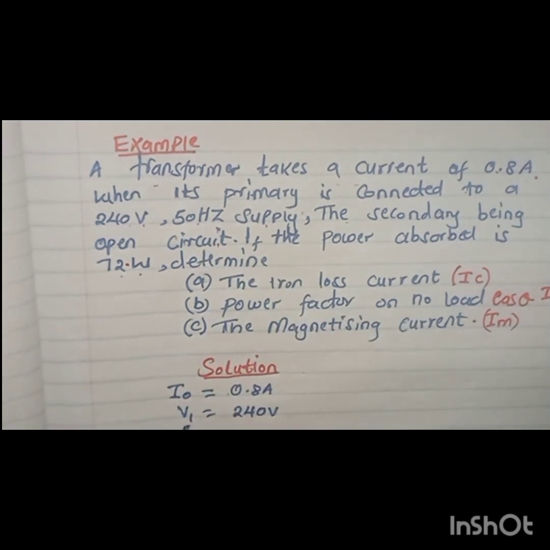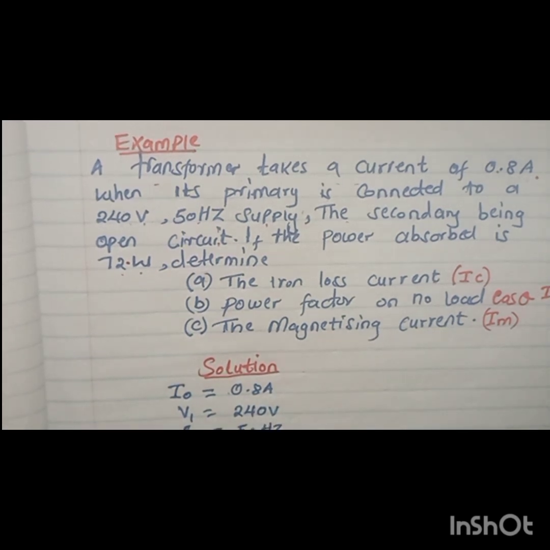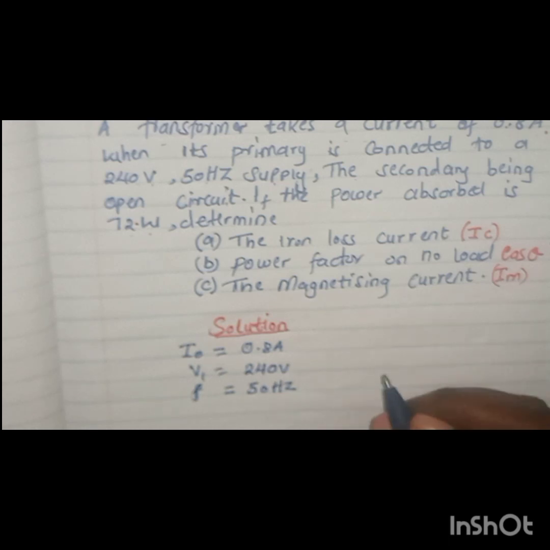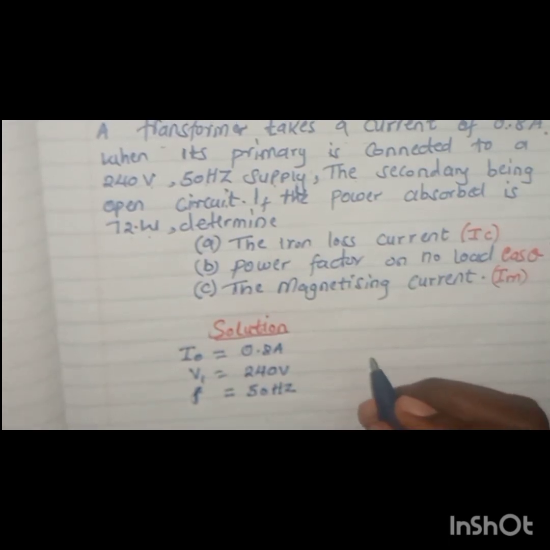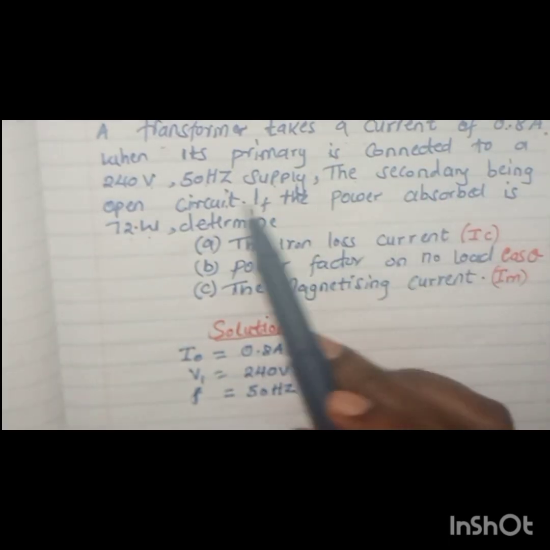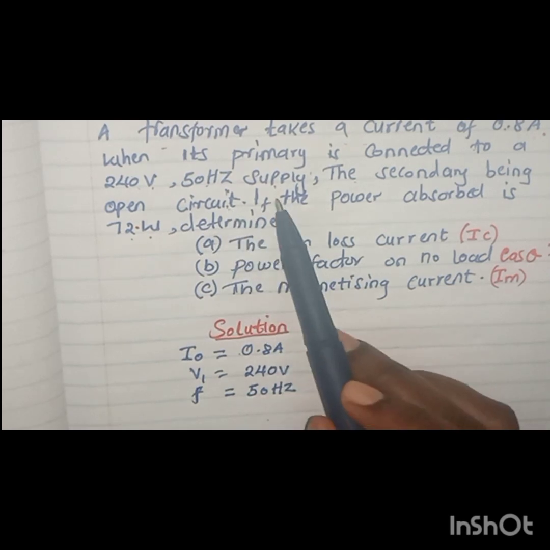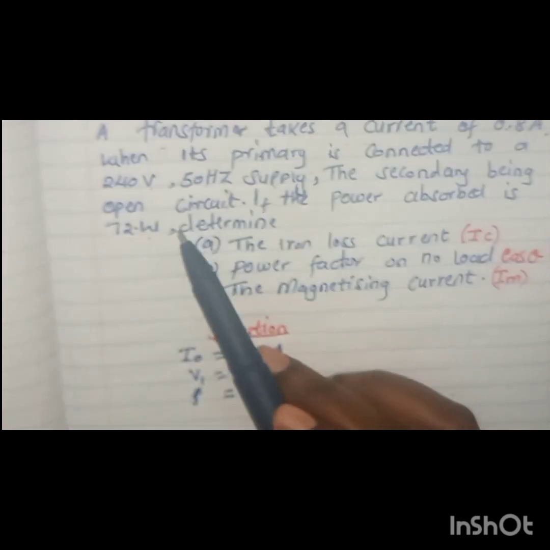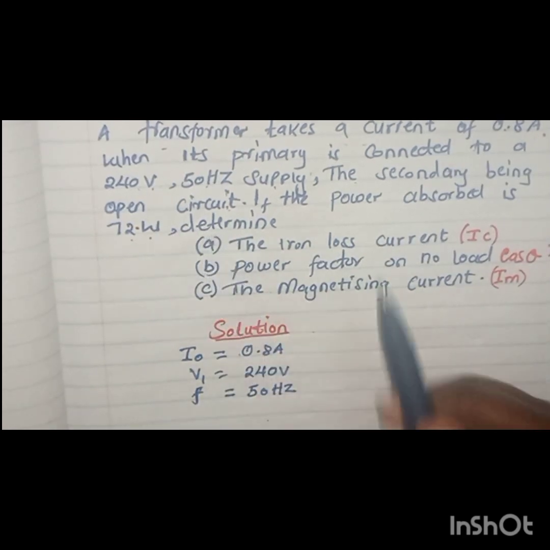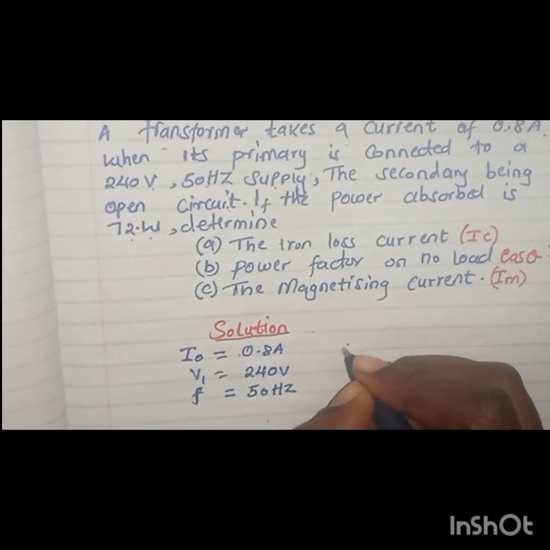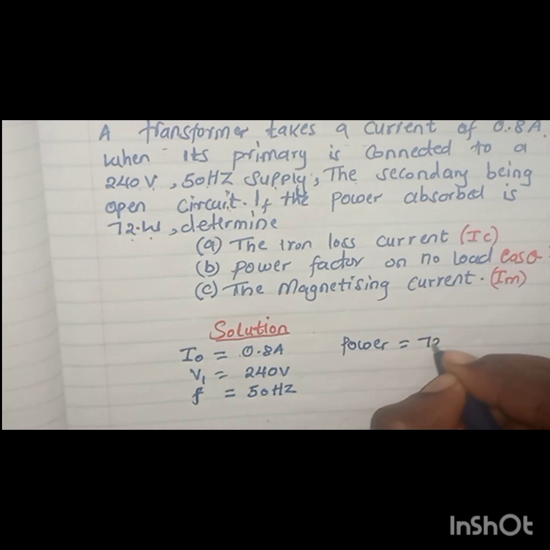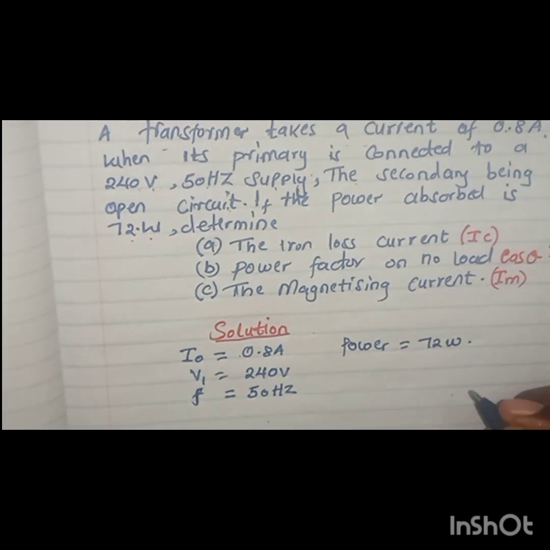So the frequency is 50 hertz. Then the secondary being open circuit, the power absorbed is 72 watts. Then determine all those parameters.